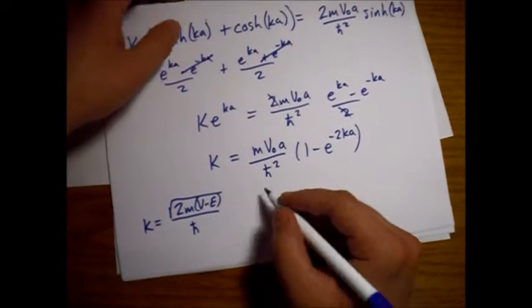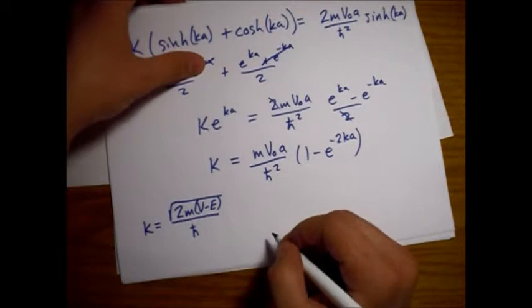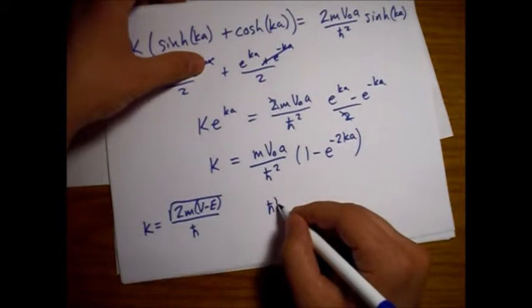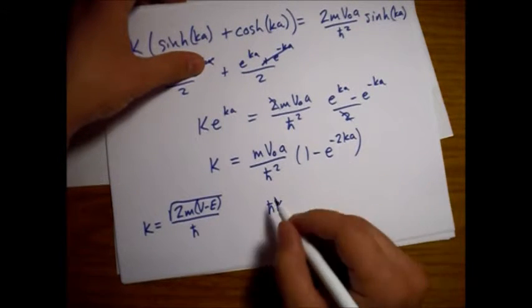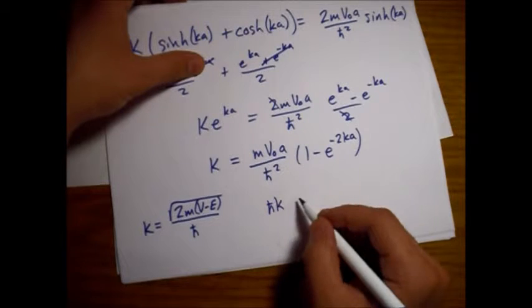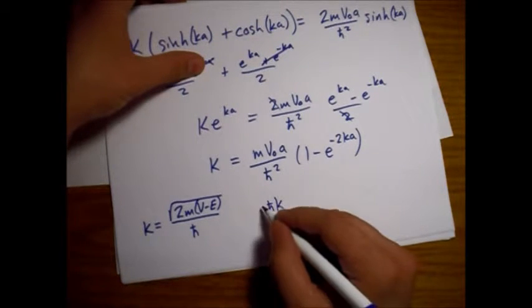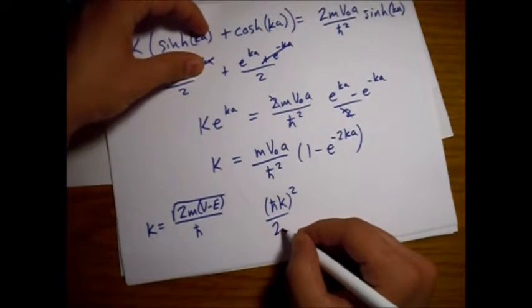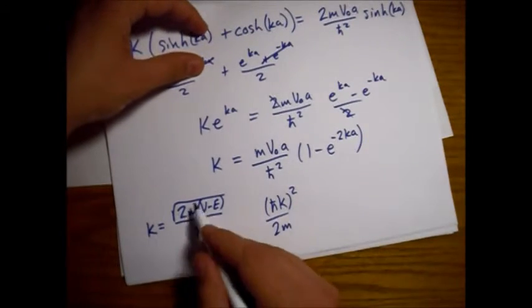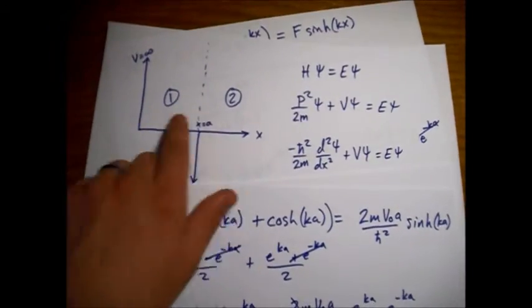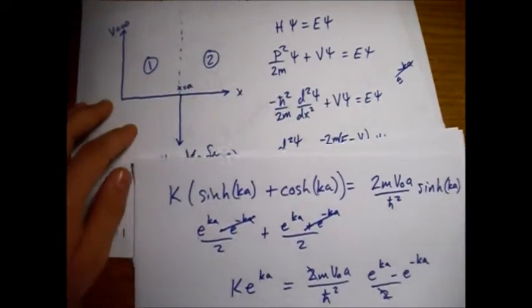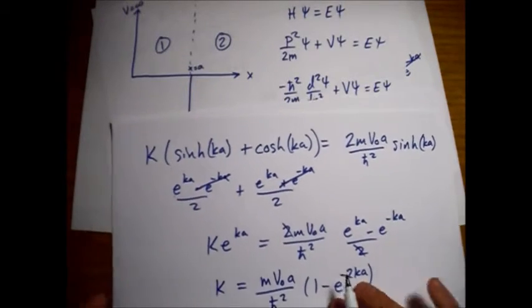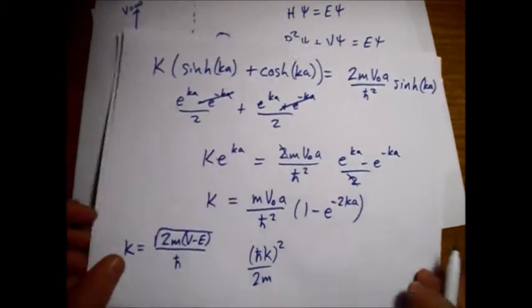So, solving this, we are going to have h bar k, so momentum, right? Momentum squared over 2m. And then V, for all of this, where it actually matters for the energy, is going to be 0.